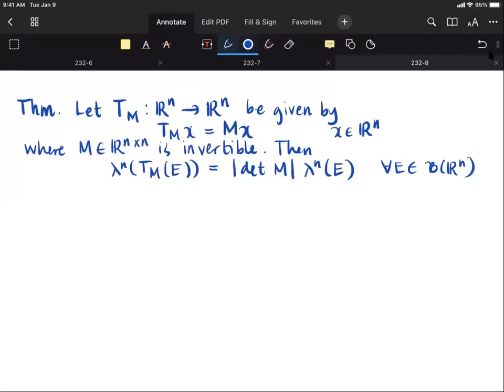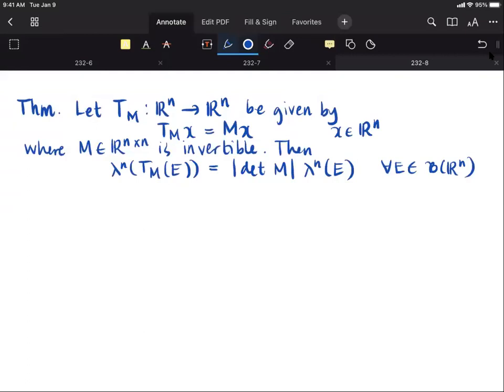So for our next theorem, let us consider now the effect of the Lebesgue-Borel measure with respect to a linear transformation. So let T_M be the map given by T_M(x) equals the product of an n by n matrix M with a vector x.